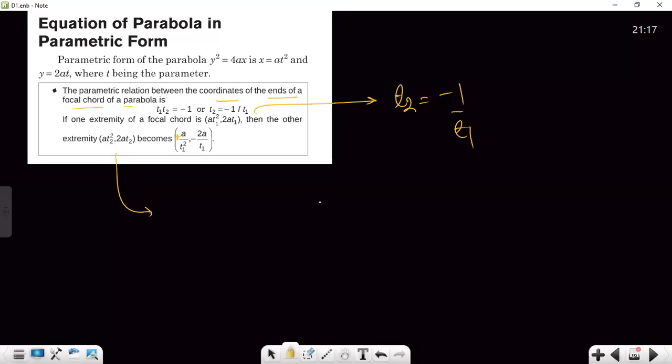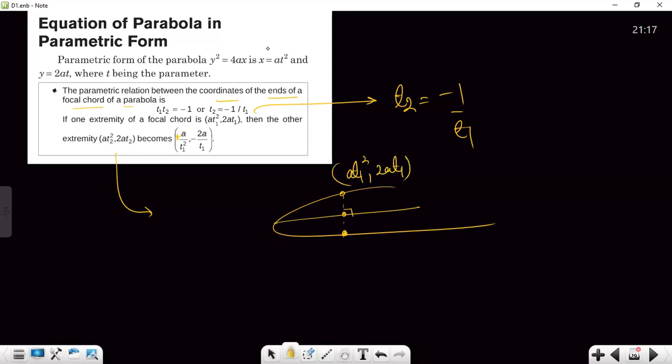What is the focal chord? Do you remember? Focal chord is passing through the focus and is perpendicular to the axis. And these are the two extremities. One extremity is given as at1 square and 2at1, because as per the equation, that is what the parametric form will suggest.